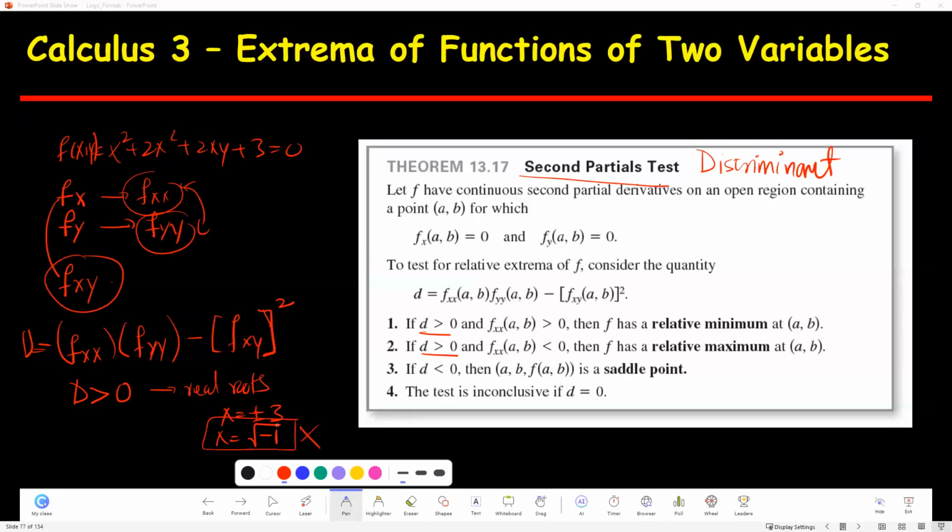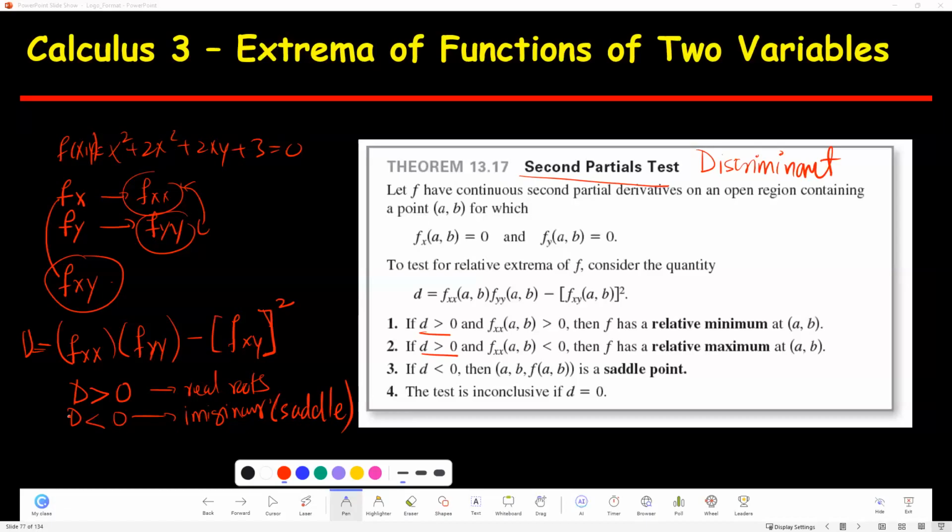It doesn't even exist. So the discriminant test is telling me if my roots are real. If D is bigger than 0, my roots are real. If D is less than 0, my roots are imaginary, and if the roots are imaginary, it means this is a saddle point.